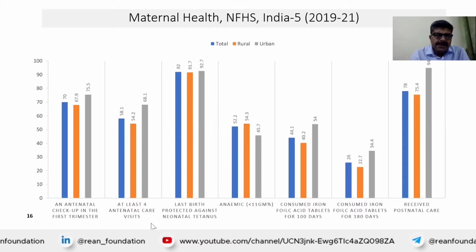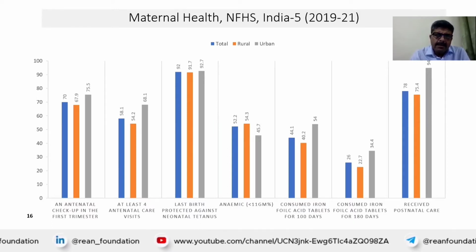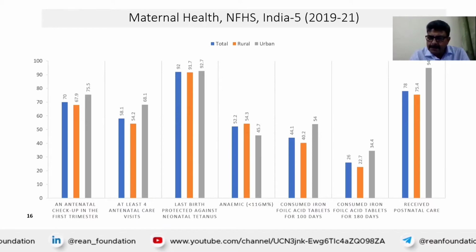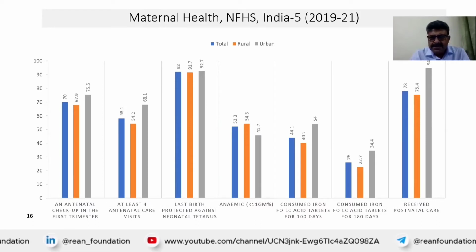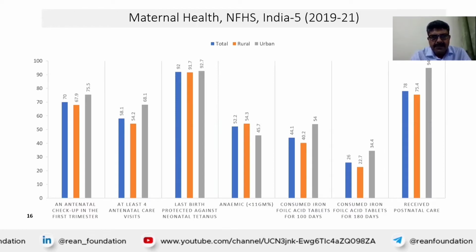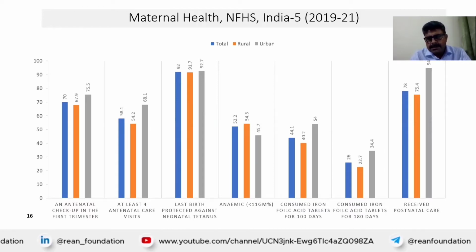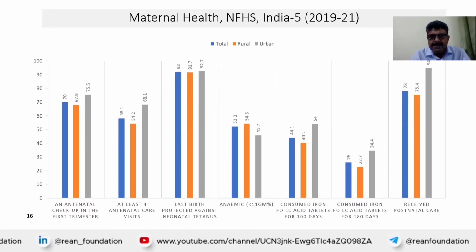If you see the antenatal checkup during the first 3 months of the pregnancy, overall it is much higher in urban India as compared to rural India. Rural India, because of lack of infrastructure or lack of availability of doctors or staff, has a lesser antenatal checkup during the first trimester as compared to the urban area.